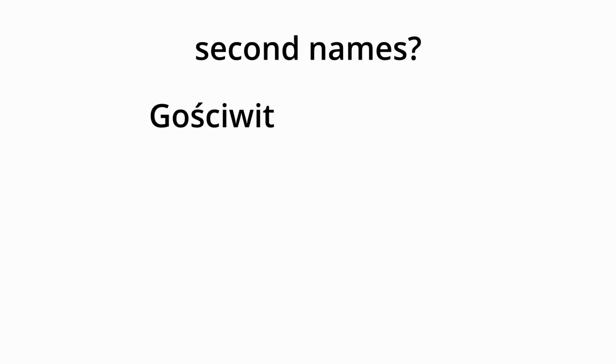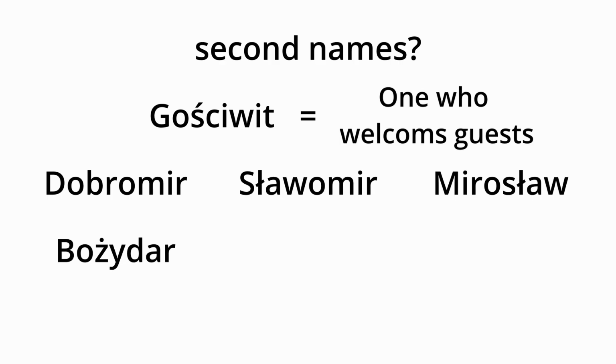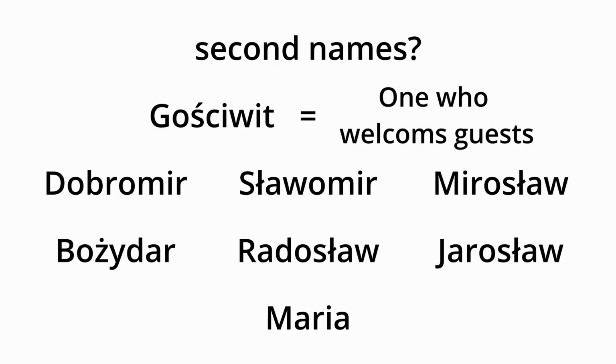If you ask a Polish person for their second name, you raise your chance of hearing something truly unfamiliar. Like Gościwit, one who welcomes guests, although I've only ever known one person with such a name. Or others: Dobromir, Sławomir, Mirosław, Bożydar, Radosław, Jarosław, Maria.